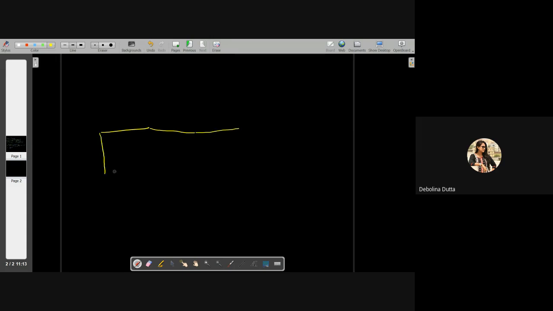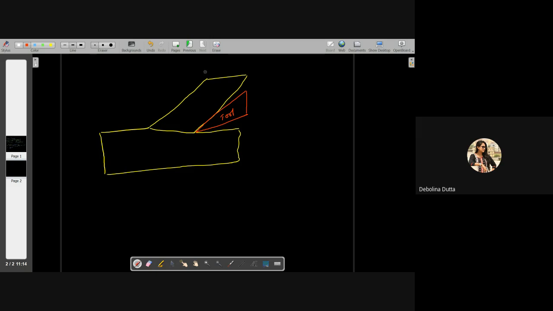If you have all done material cutting, suppose this is the tool, right? So let me write it. This is the tool.